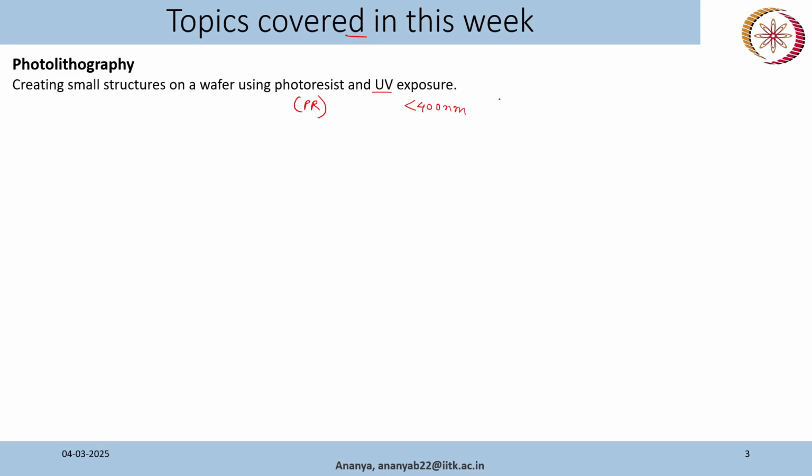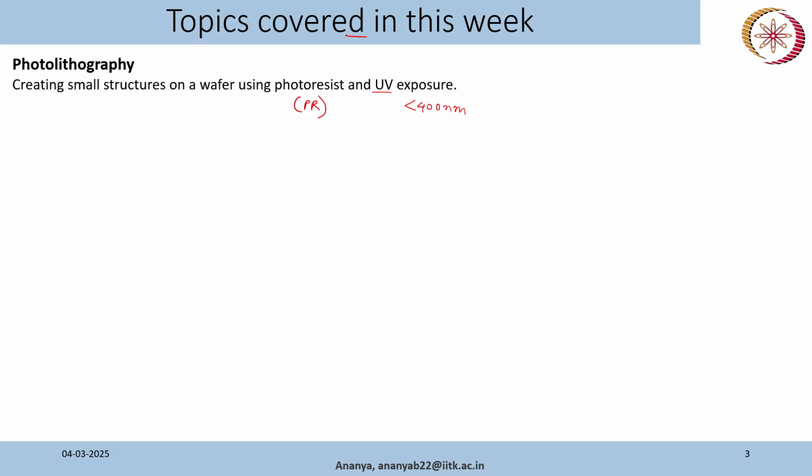Okay. And we use light to write something, and as I mentioned earlier, since we are using light to write something, the minimum dimension that we can write using that wavelength depends on the wavelength of the UV source.